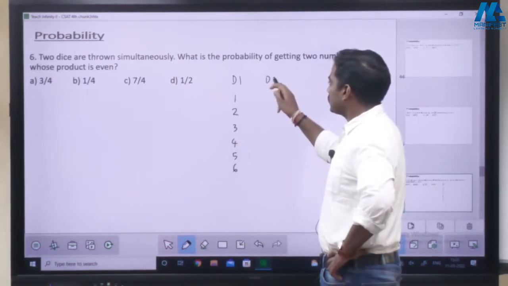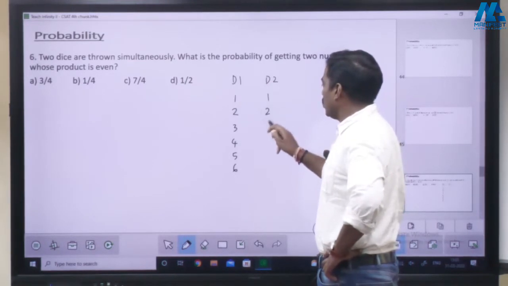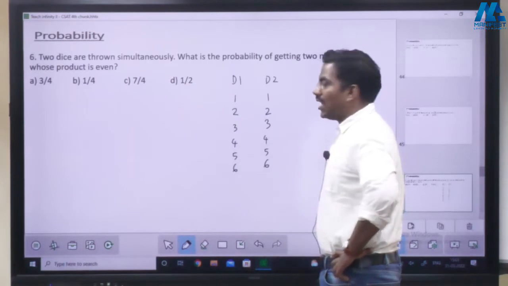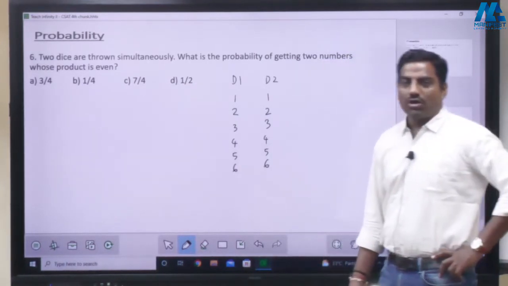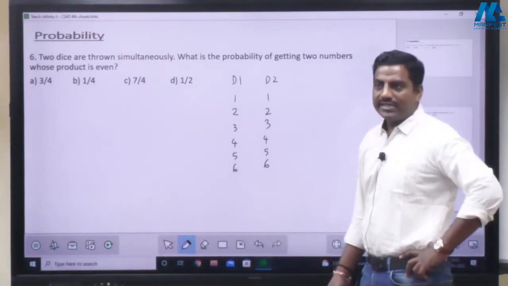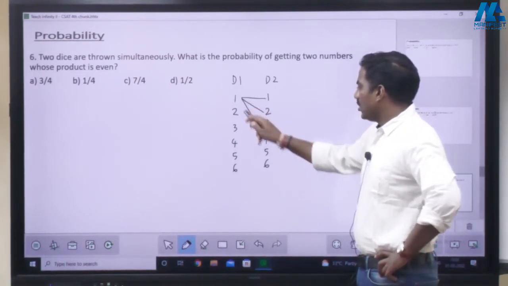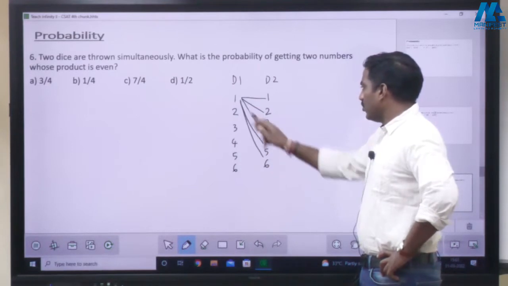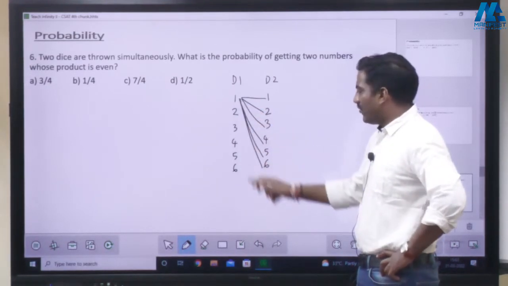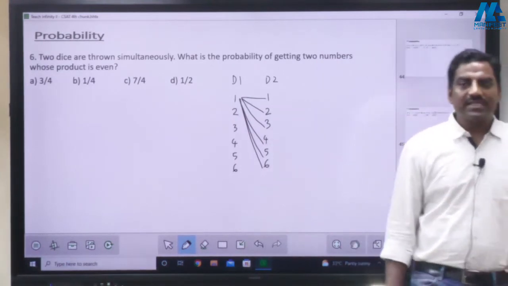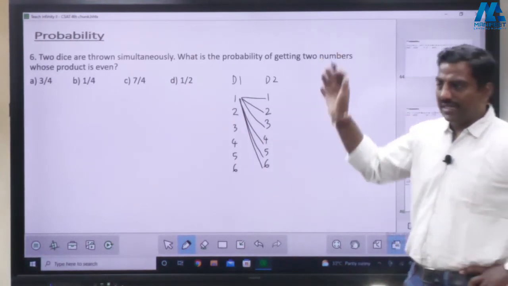Dice 2: possibilities 1, 2, 3, 4, 5 and 6. How do you get all these 36 combinations? For every number on the first dice you write 1, 2, 3, 4, 5, 6. So 6 into 6, we get 36. So that is how we had written that one.